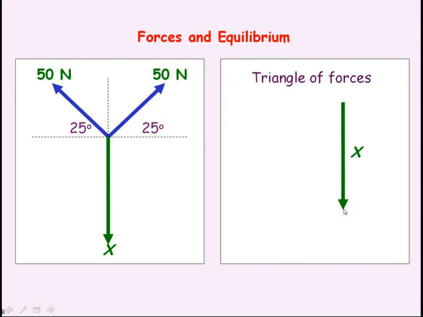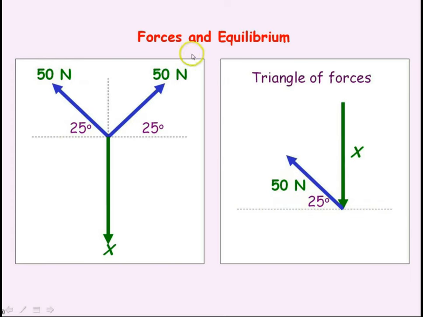And where force X ends, we're going to add this 50 Newton force. But we need to draw it at 25 degrees from the horizontal. So we need to draw a horizontal line where force X ends and then draw the 50 newton force 25 degrees from that horizontal line.